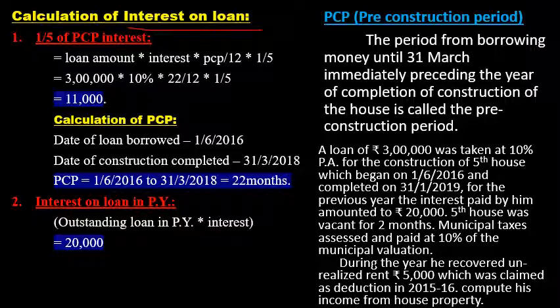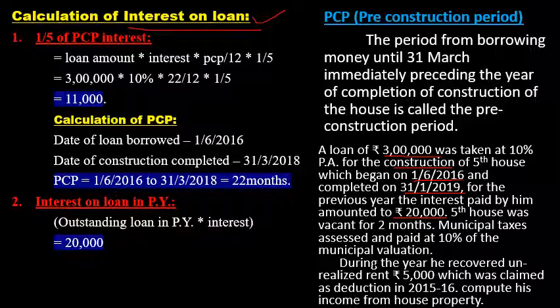So here also in the case of fifth house, SSC borrowed rupees 3 lakh for the construction of fifth house, and he borrowed it on 1st June 2016, the date on which the construction also began, and construction completed on 31st January 2019. And another piece of information: the interest paid by him for the previous year was rupees 20,000.